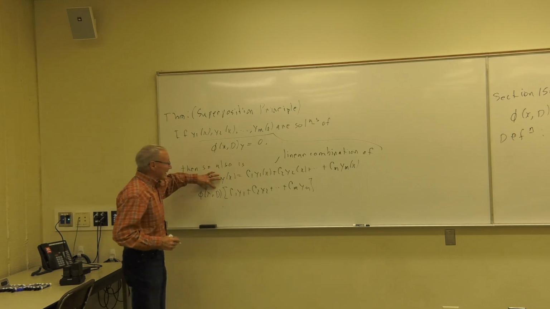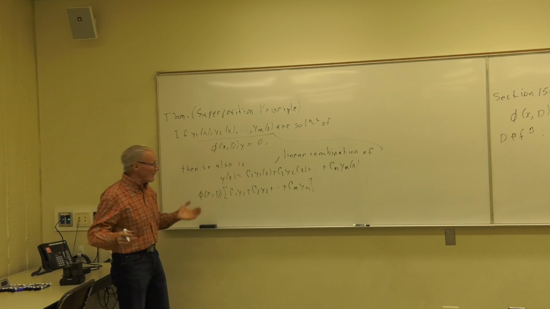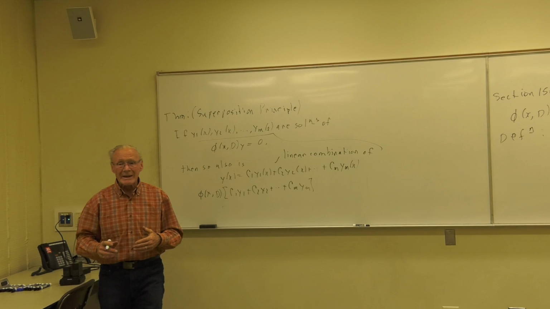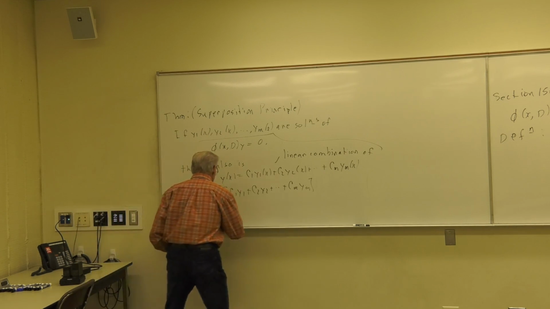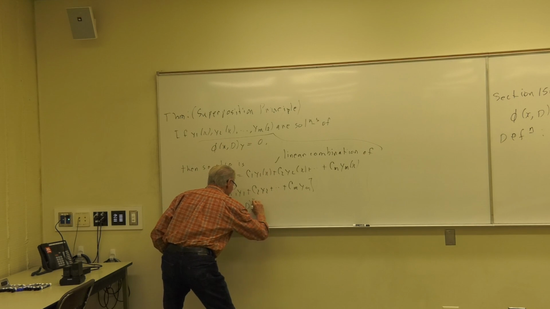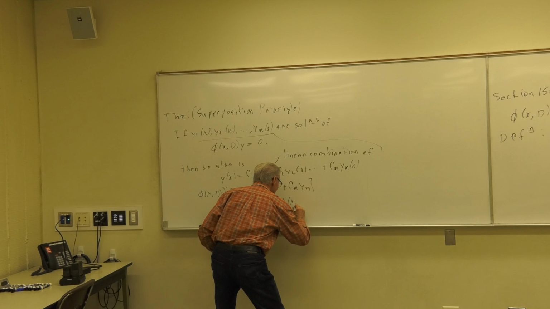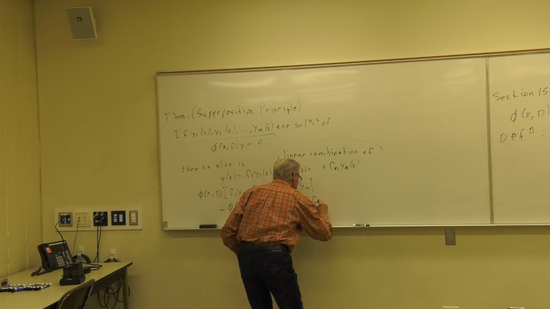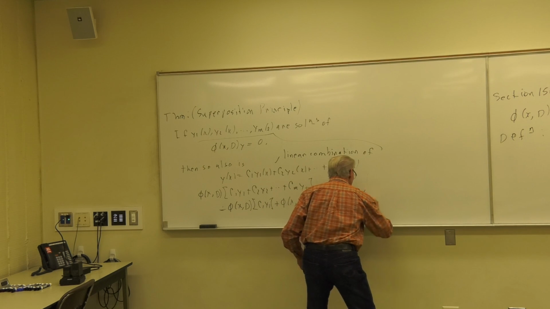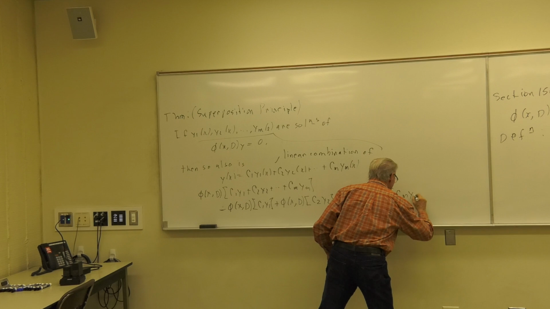But this is a linear operator, and one of the properties of a linear operator is that when you have a sum of things, you can operate on them individually. So this is phi of x and D operating on c1 y1 plus phi of x and D operating on c2 y2 plus down to phi of x and D operating on cm ym.